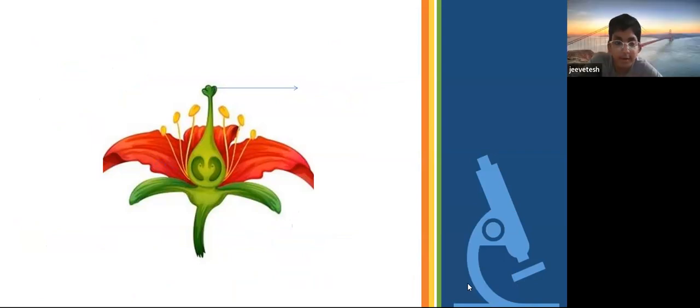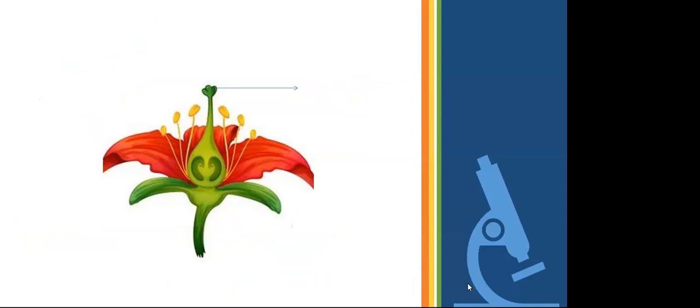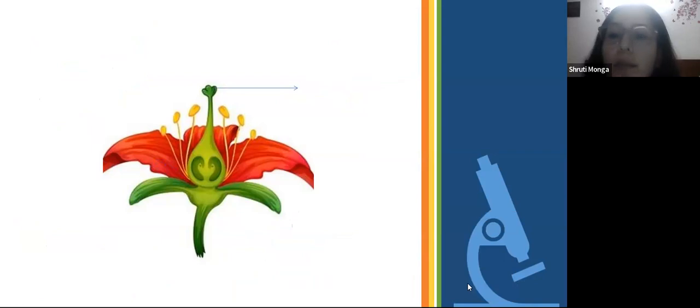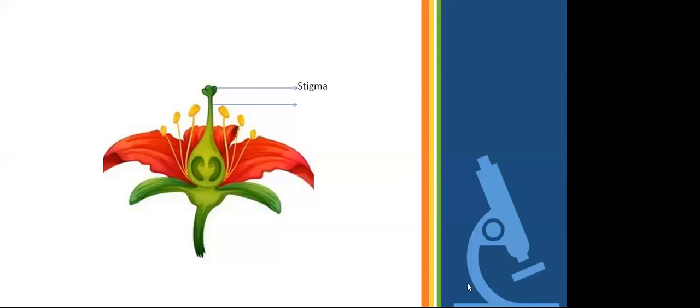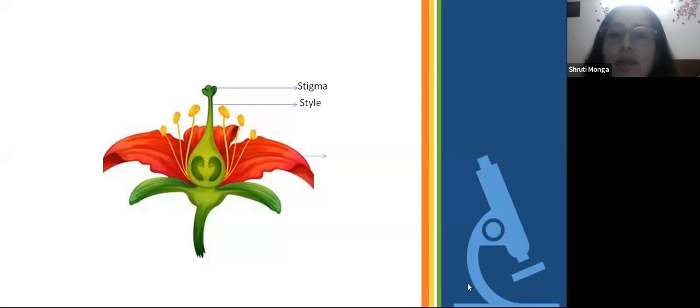This arrow? Ma'am, it's stigma. Okay, now Jivtesh has replied. Now Jivtesh, you will not reply. Good. This arrow? The style. Good. This arrow, without cheating.